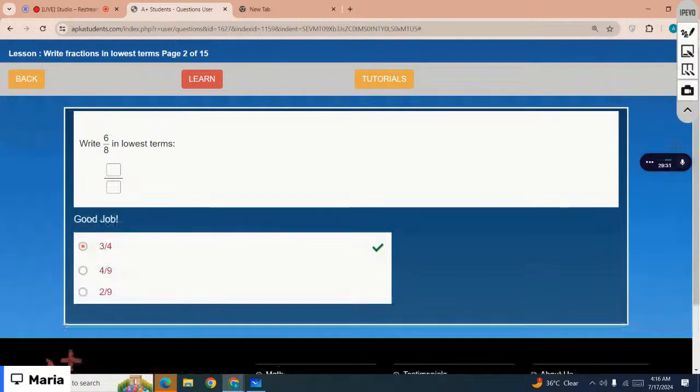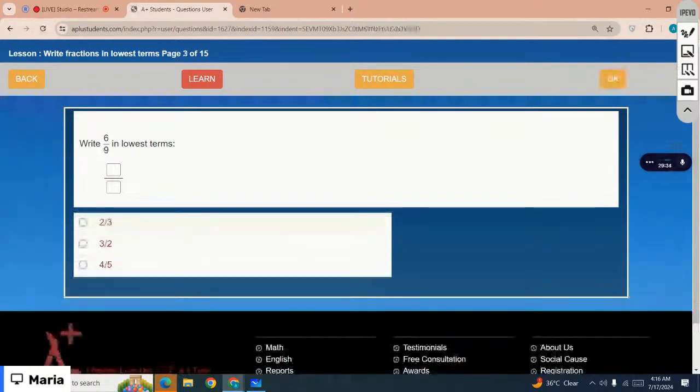Okay, the next one is, write 6 by 9 in lowest terms, which is the correct option?